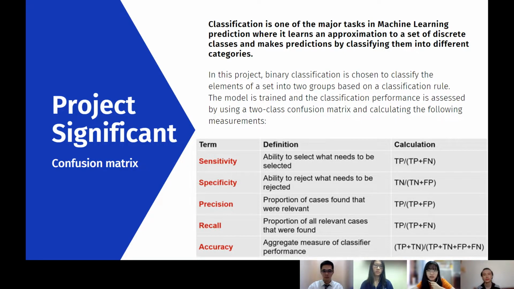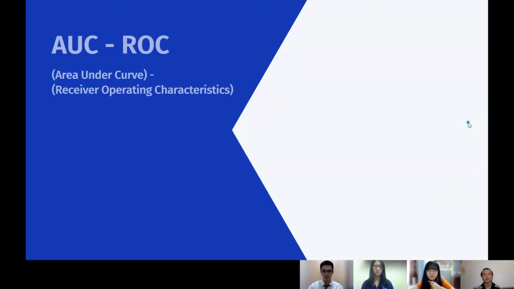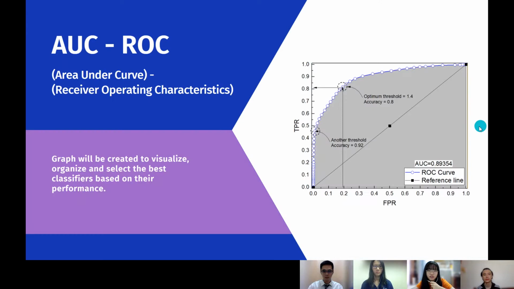The model is trained and the classification performance is assessed by using a 2-class confusion matrix and calculating measurements such as sensitivity, specificity, precision, recall, and accuracy. Next slide. In addition, an evaluation metric AUC-ROC graph will also be created to visualize, organize, and select the best classifiers based on their performance.